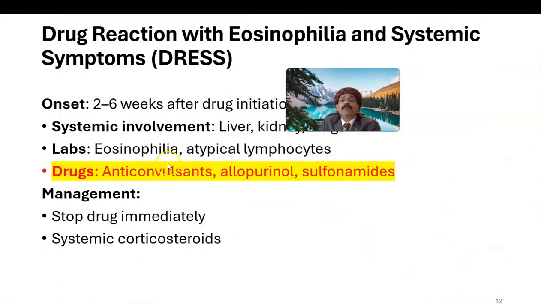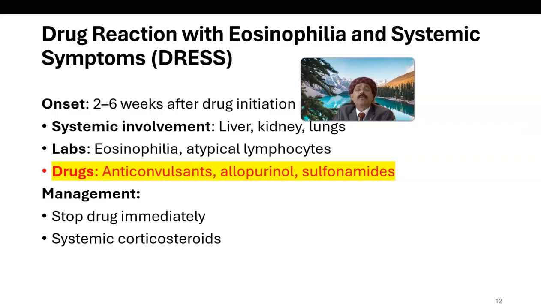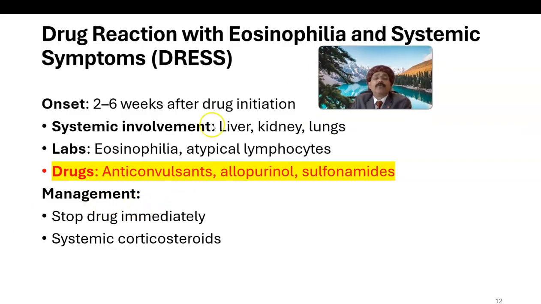Drug reaction with eosinophilia and systemic symptoms. Onset 2 to 6 weeks after drug initiation. Systemic involvement: liver, kidney, lung. Labs: eosinophilia, atypical lymphocytes. Drugs like anticonvulsants, allopurinol and sulfonamide. Management: again, stop the drug immediately. Systemic corticosteroid we can use.